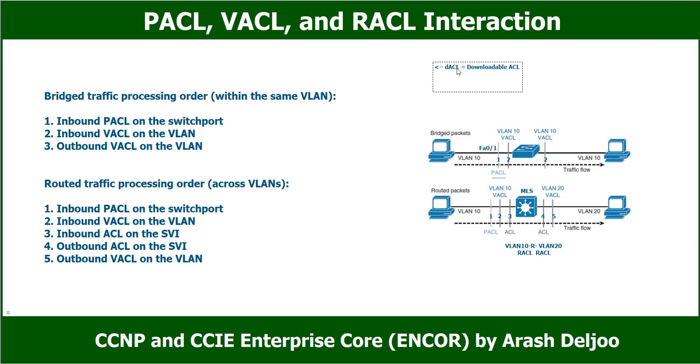Look at here. In some cases, in some features and technologies, we use Cisco ISE, Identity Services Engine, for authentication, authorization, and accounting. Assume that we use Cisco ISE as the RADIUS authentication server. When a client wants to connect to the network, first it should authenticate with the Cisco ISE.